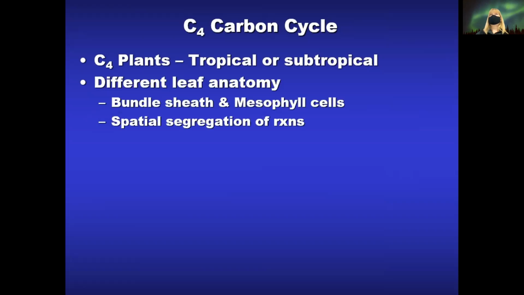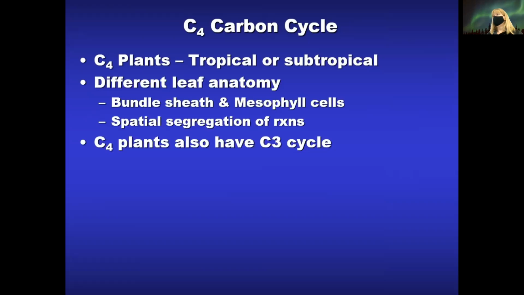So we're also going to see that when they run their Calvin cycle and the C4 cycle, it's going to be a spatially different area in the leaf tissue that we see these things happening. And I'll explain more. But don't forget, C4 plants definitely have a C3 cycle. I like to think of it as all plants have a C3 cycle. That evolves first. That's the Calvin cycle. All plants have that.